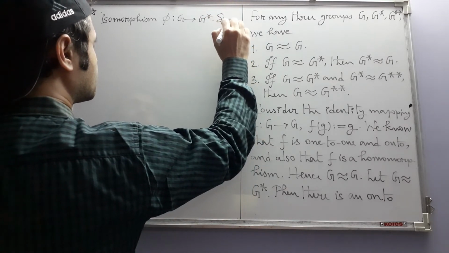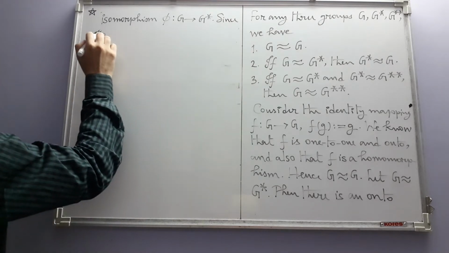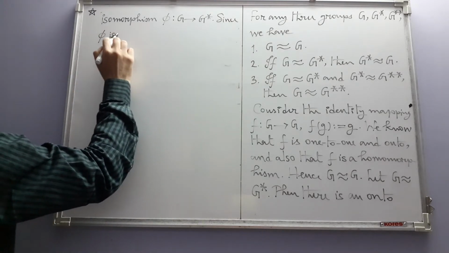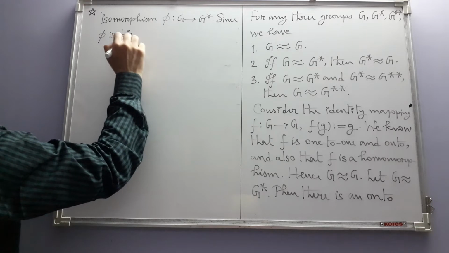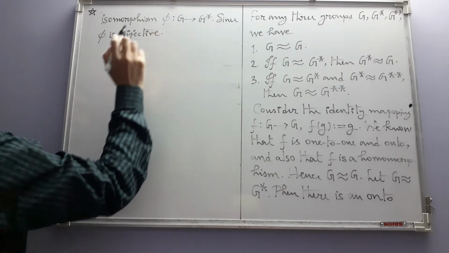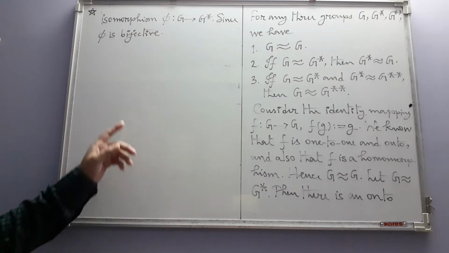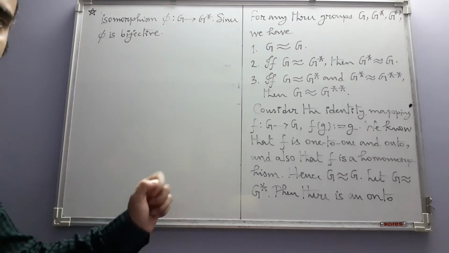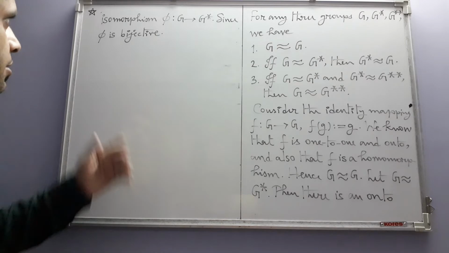Since phi is bijective, it's onto, and since it's an isomorphism, it's one-to-one also. So that means it's bijective.